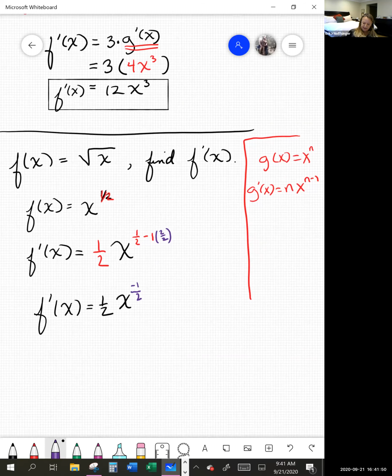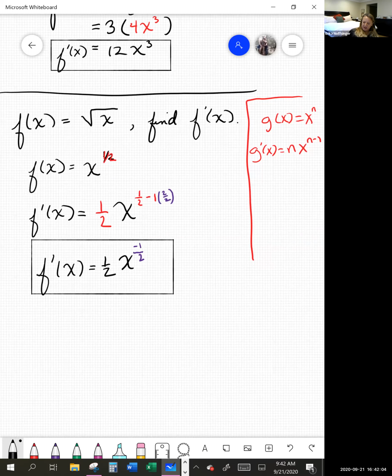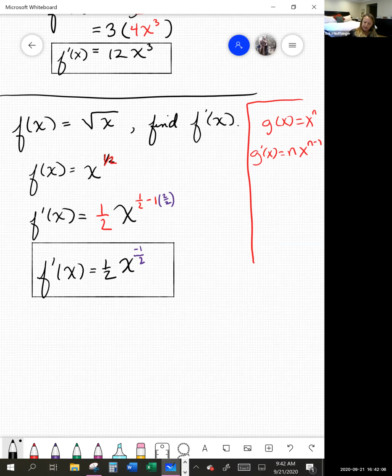So f prime of x is equal to this. I'm not sure if they wanted it like this, or they might want it in radical form. Let's first talk about the negative exponent. We could rewrite this by bringing the x to the negative 1/2 down to the denominator.